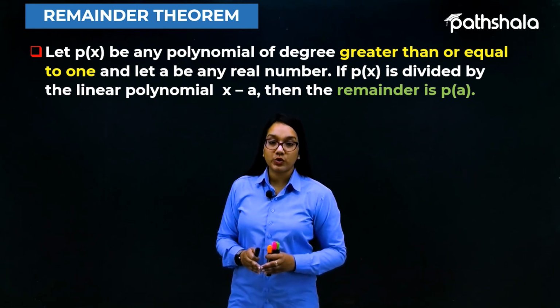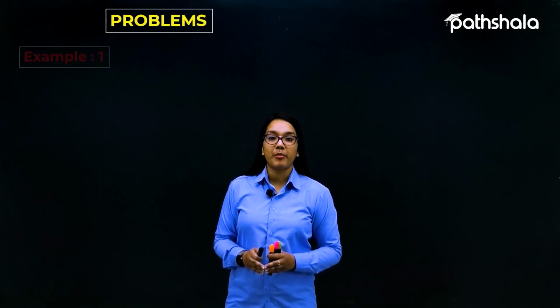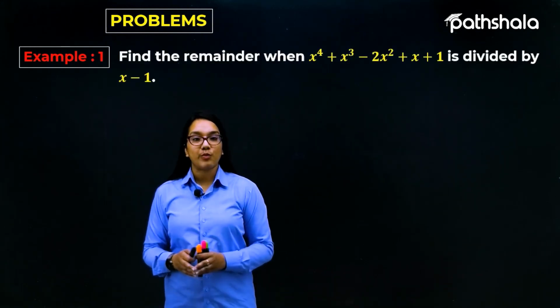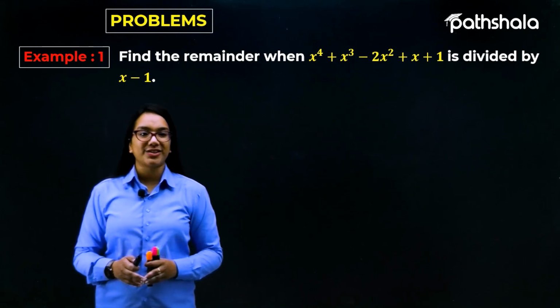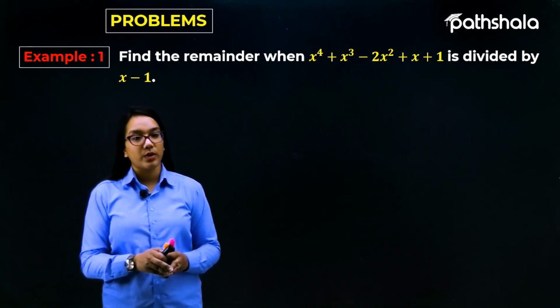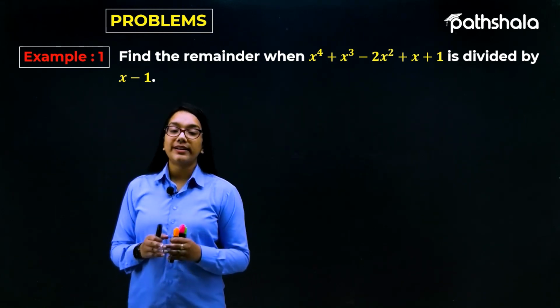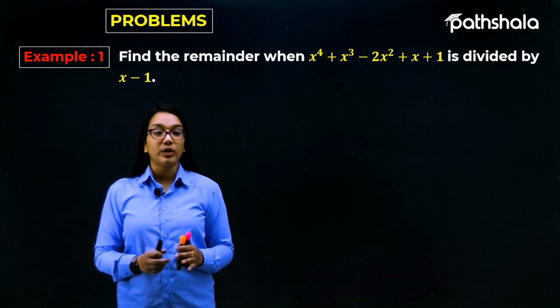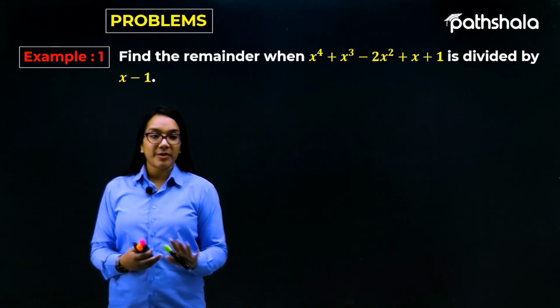Let us suppose we take example number 1, or question number 1: find the remainder when x raised to the power 4 plus x cube minus 2x square plus x plus 1 is divided by x minus 1. Let us suppose I am dividing both of these polynomials by actual division, not using the remainder theorem right now.